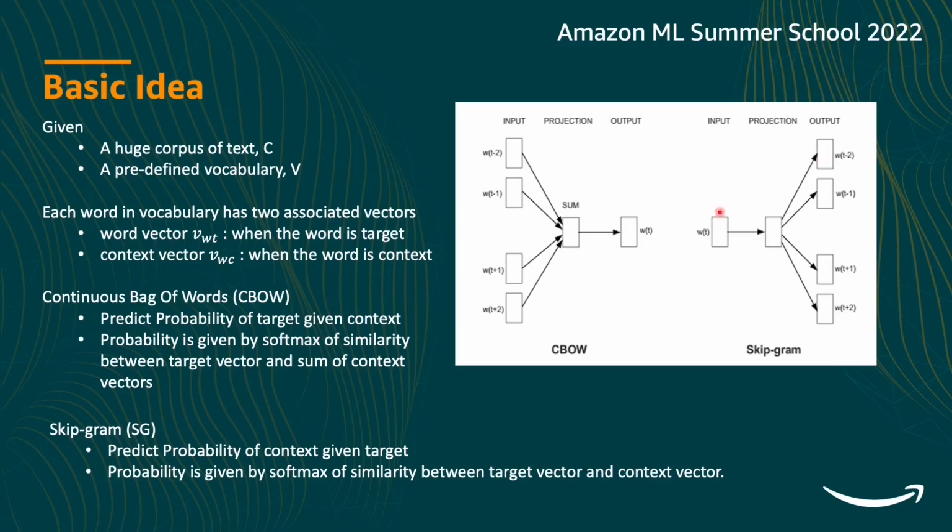We use the word vector representation for the target word, and from this representation we use softmax to predict the probability of each one of the context words. Let's take a look at the skipgram model more closely; continuous bag of words is the opposite case.